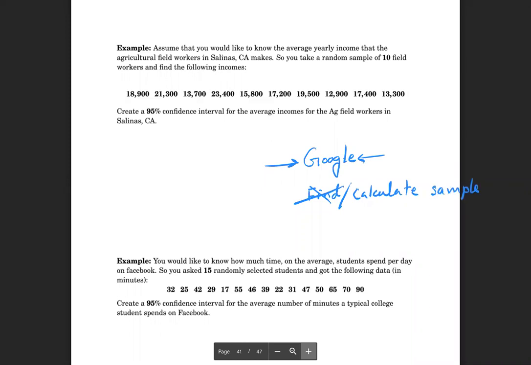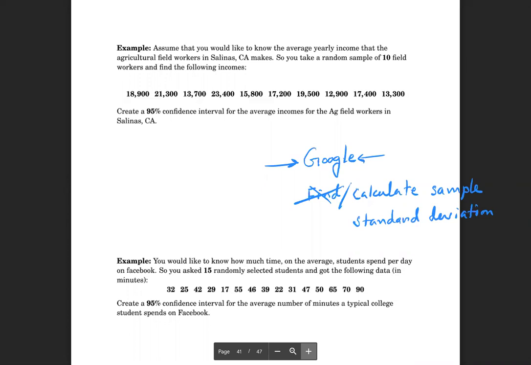Don't use find. Calculate sample standard deviation. That's what it is. Okay.